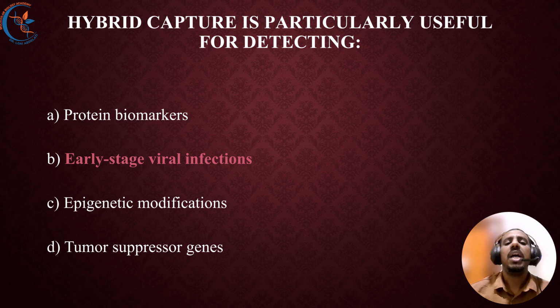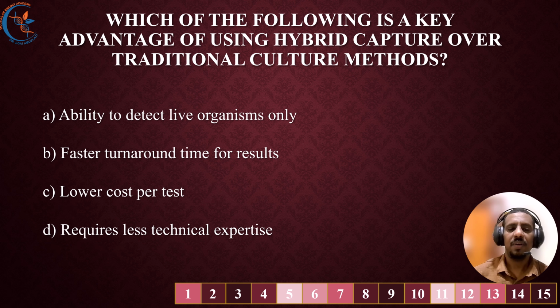Hybrid capture detects low levels of viral DNA or RNA, making it ideal for early diagnosis of infections like human papillomavirus and hepatitis B virus. Which of the following is the key advantage of using hybrid capture over traditional culture methods?